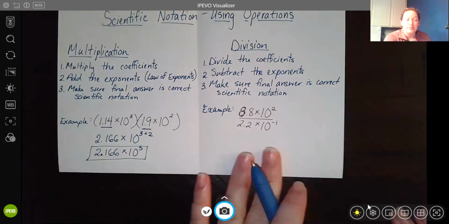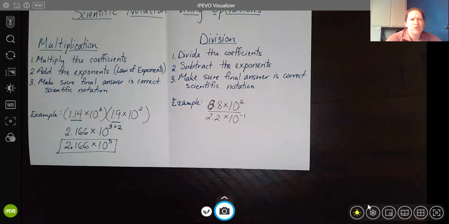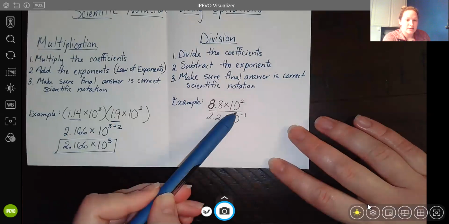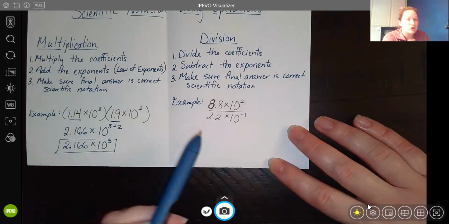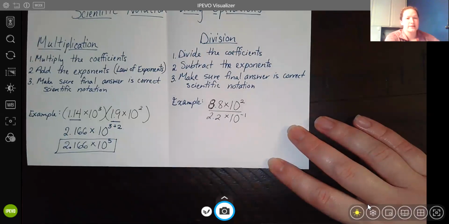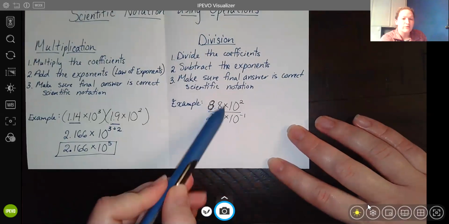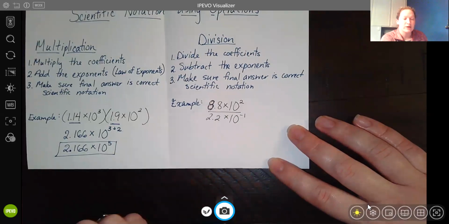Let's look at division. Dividing numbers in scientific notation is a little bit similar to multiplication in that we start with just performing the operation on the coefficients. If I have 8.8 times 10 to the second power, and I have 2.2 times 10 to the -1 as the power, the first thing I'm going to do is divide those coefficients, those numbers in front of the multiplication sign.